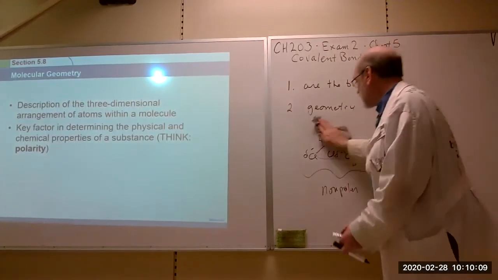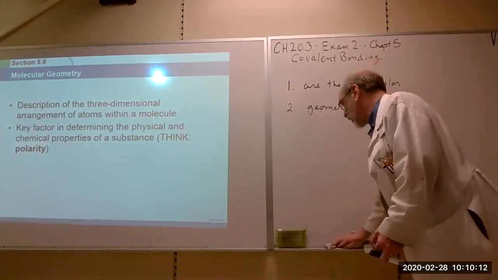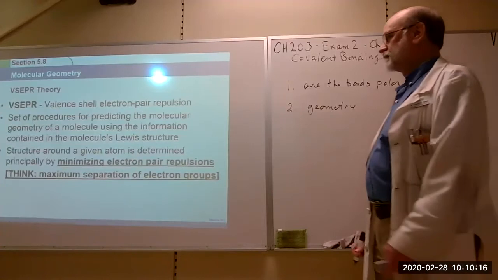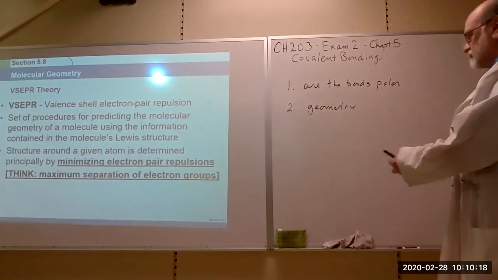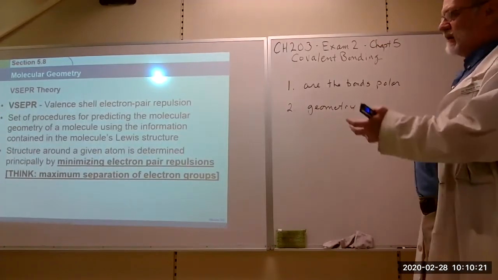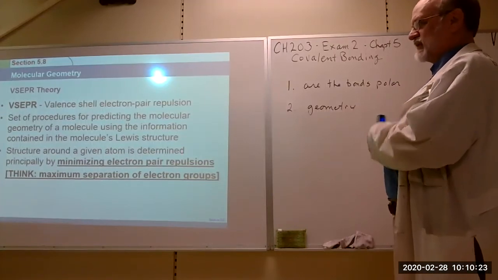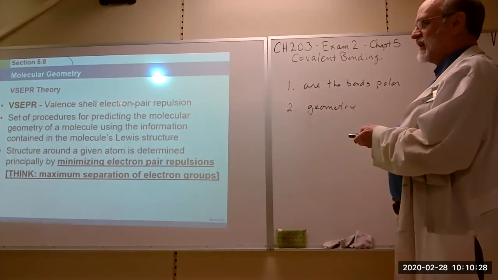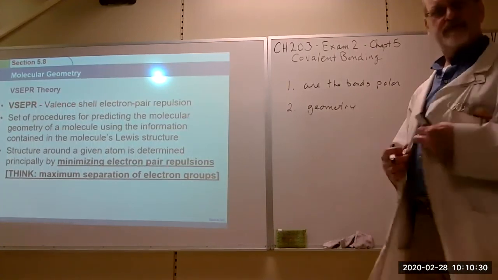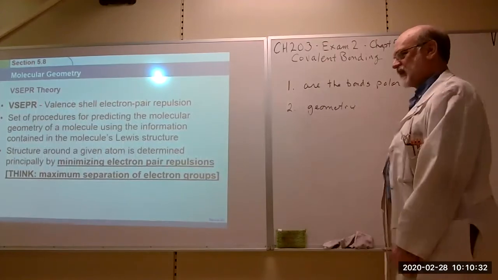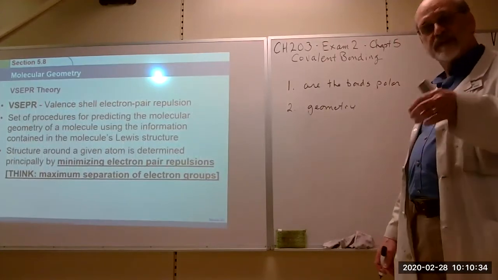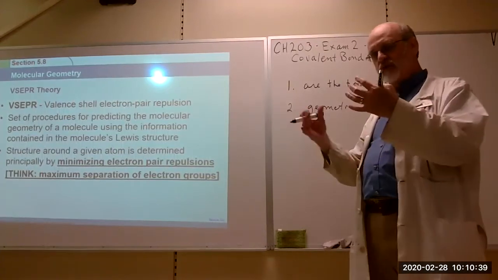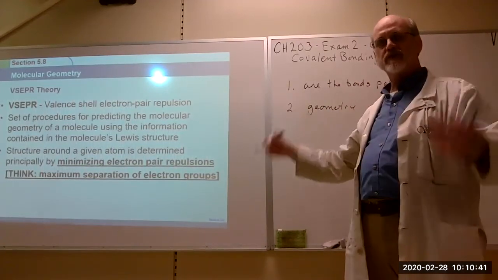Okay, so you need to know these two things. Are the bonds polar, and what's the geometry? And to do that, we have a model, this theory. VSEPR stands for valence shell electron pair repulsion, which is a long, complicated word, but all it means is the electrons that are positioned in your molecule try to get as far away from each other as possible.